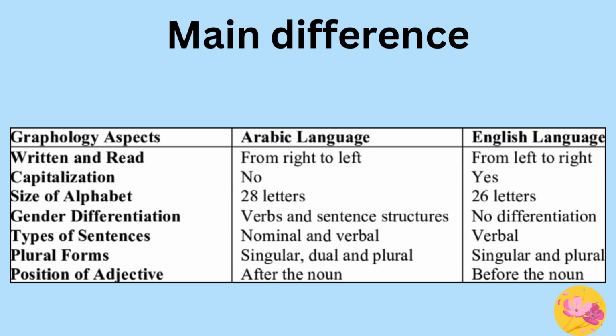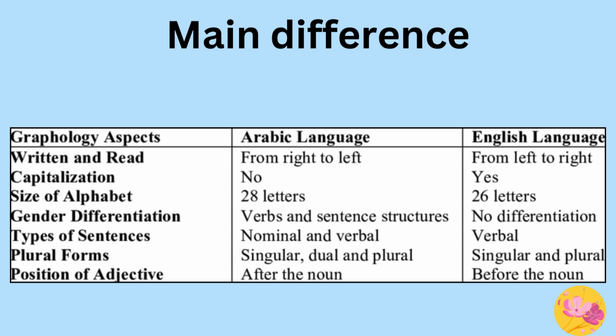Gender differentiation, that is male and female usage in the words we use in sentences or speech. In Arabic, verbs and sentence structures have gender differentiation, like masculine and feminine usage of verbs and sentences. But in English, there is no differentiation as such.